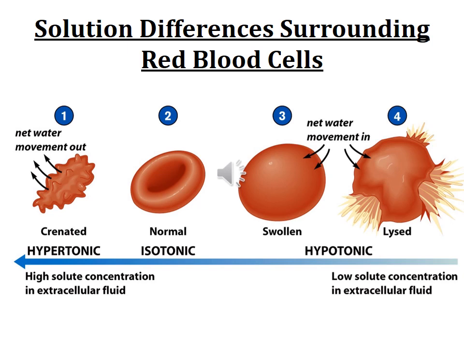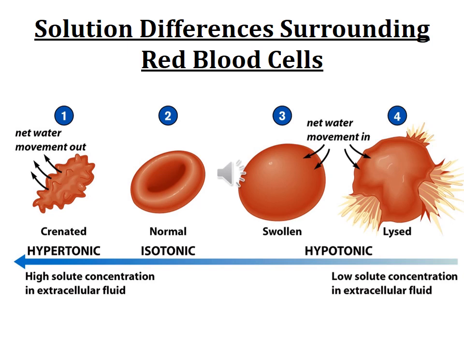Okay, isotonic solution. And this is what you will see later on when you put red blood cells in a solution called PBS. PBS is a solution that has the same concentration of solute as inside red blood cells. Here, the cells in an isotonic solution are pretty happy.